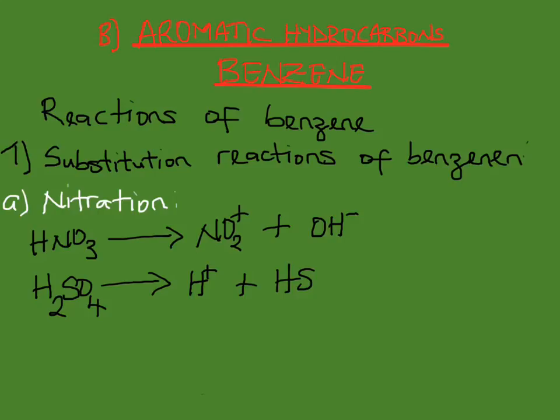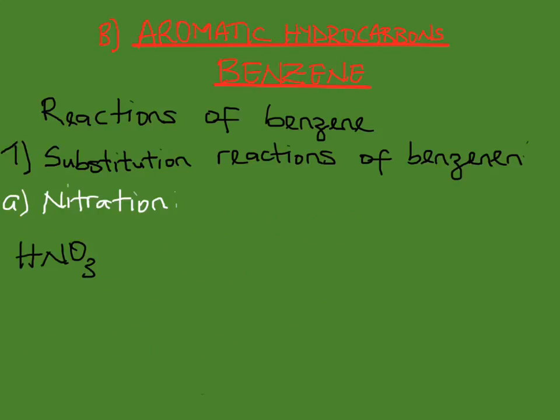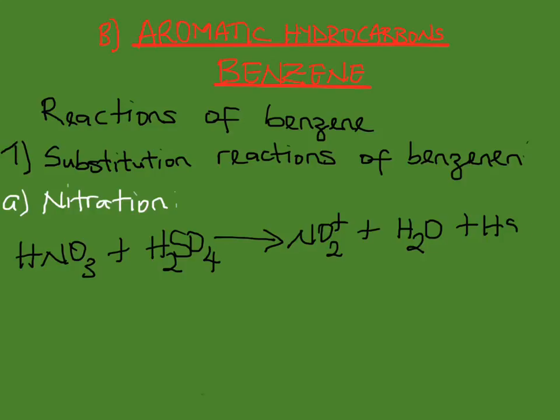The hydroxy group reacts with a proton from the concentrated sulfuric acid. Like you could see, sulfuric acid is ionized to give us a hydrogen ion and a hydrogen sulfate ion, and this hydroxide ion further reacts with hydrogen to produce water.